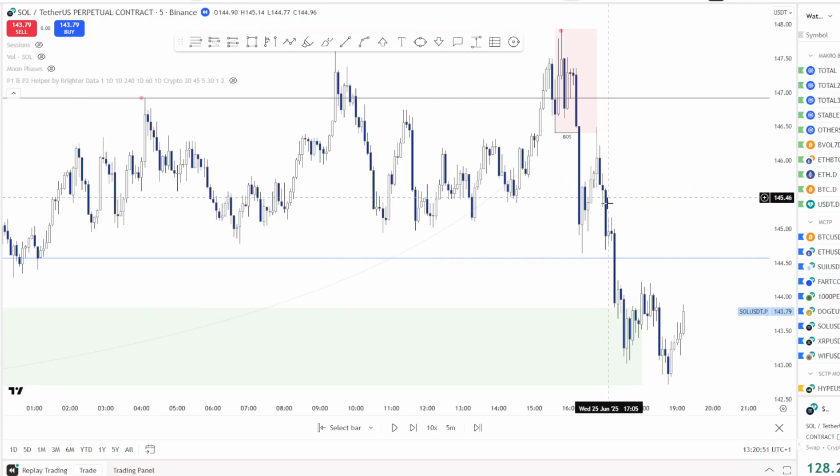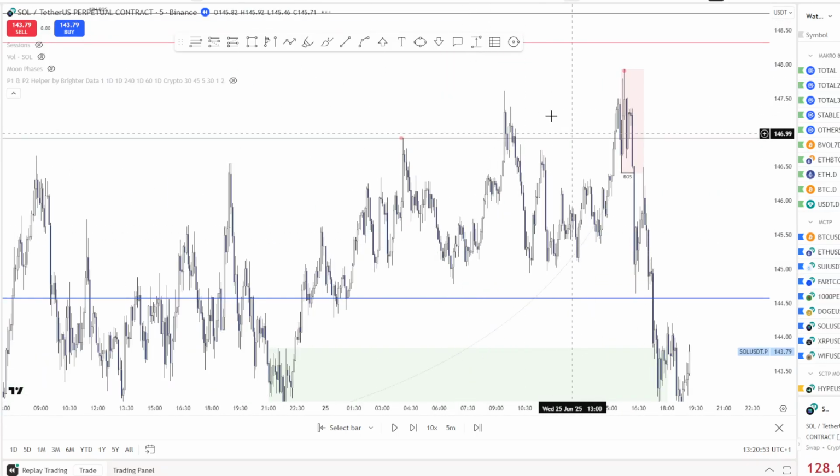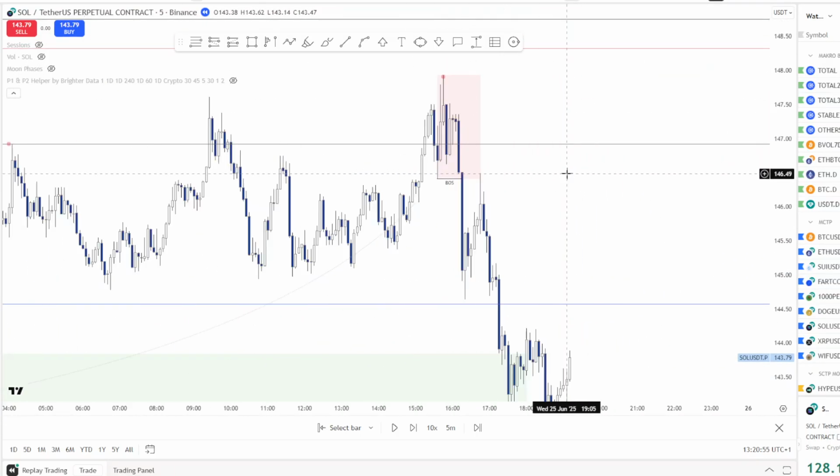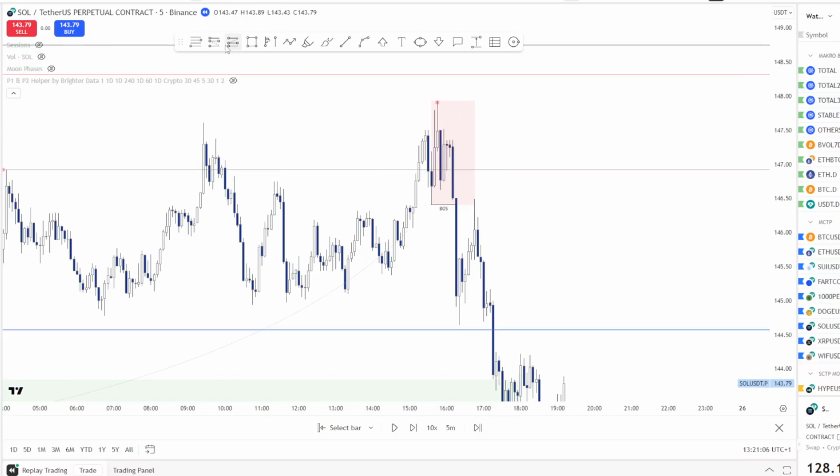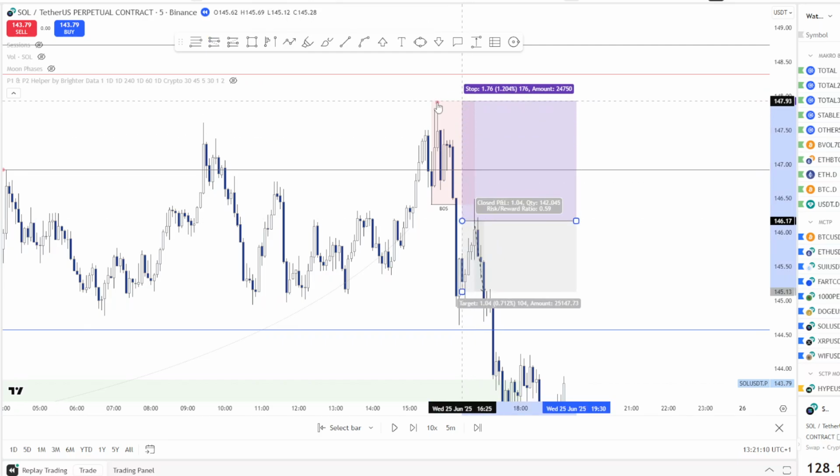But what we can do, since we are here in a confirmed Model 1 accumulation, where the entry was a bit sketchy, because you could have entered here on the candle which is going down. Maybe you would have been filled here.